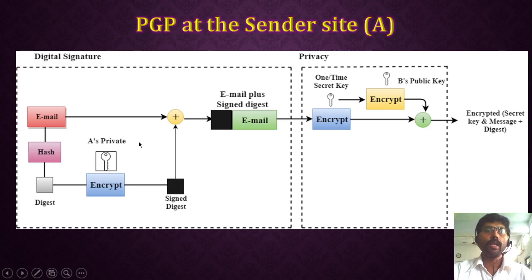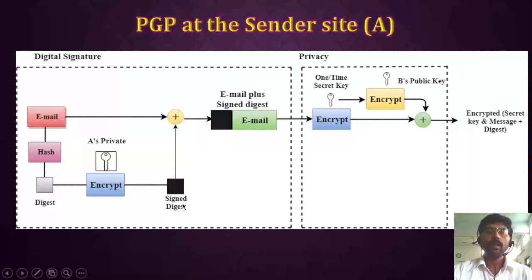The sender has one private key. Using that private key, he encrypts the message digest. Most of the times here we are using the RSA algorithm for private as well as public key encryption.